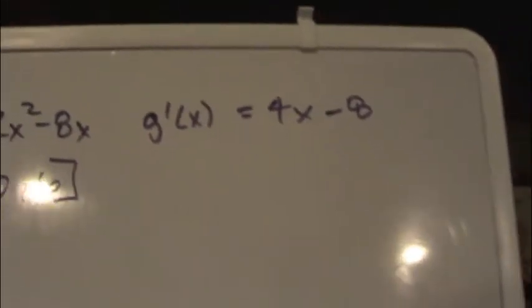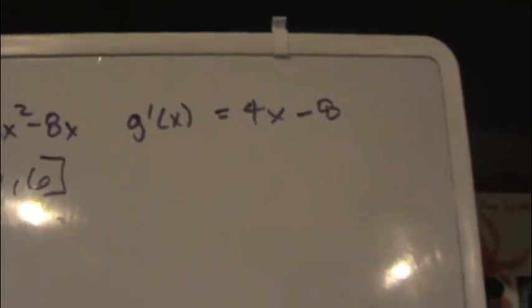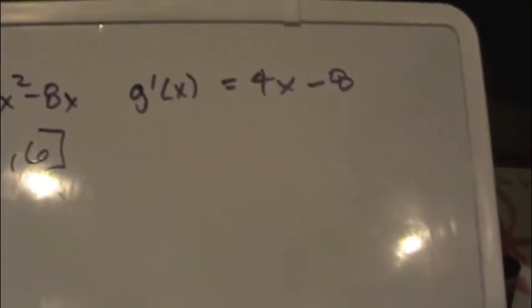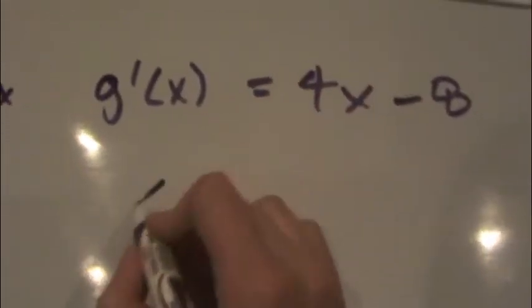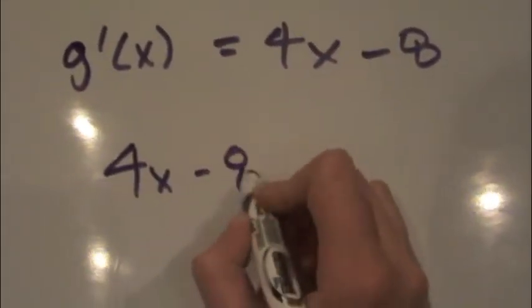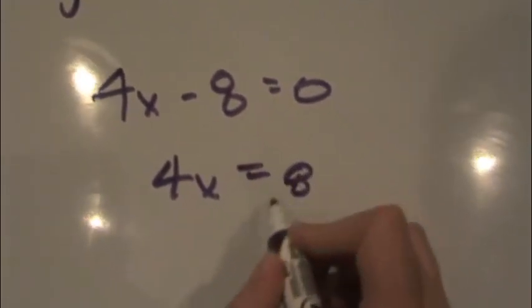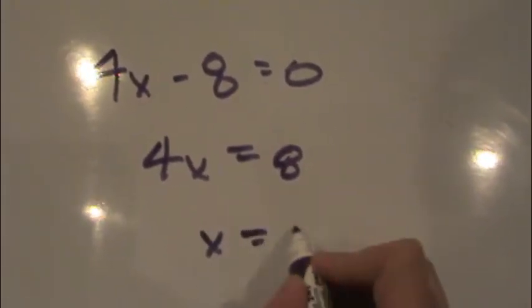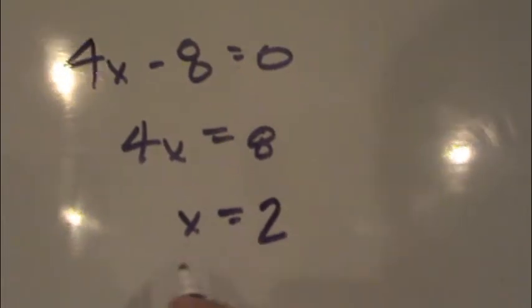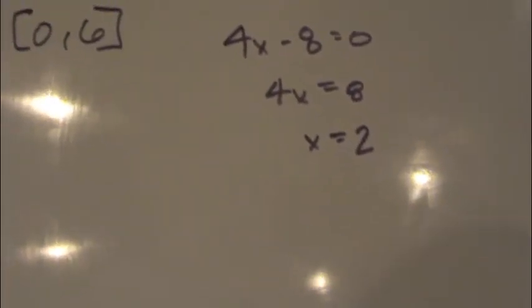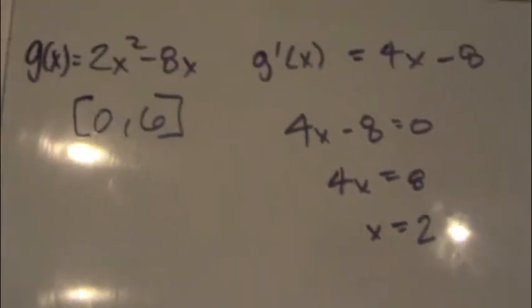Now whenever you have your differentiated equation, you want to set it equal to 0. So let's set 4x minus 8 equal to 0, and then you isolate the x, and you get x equals 2. This is what we call a critical number.